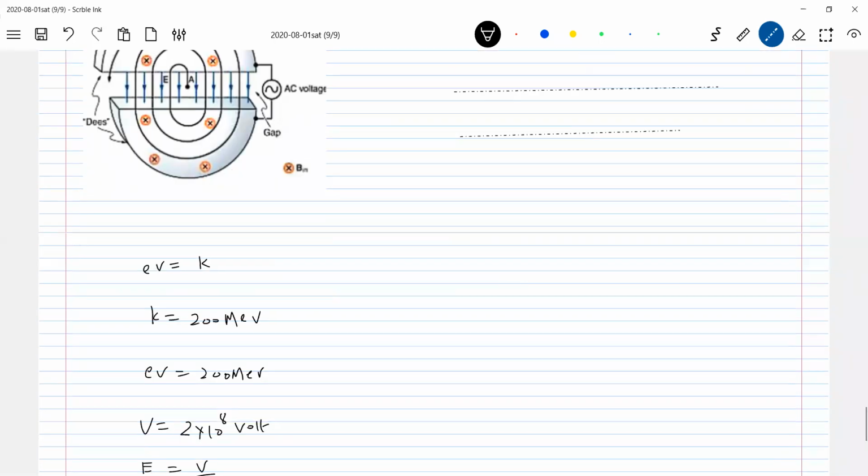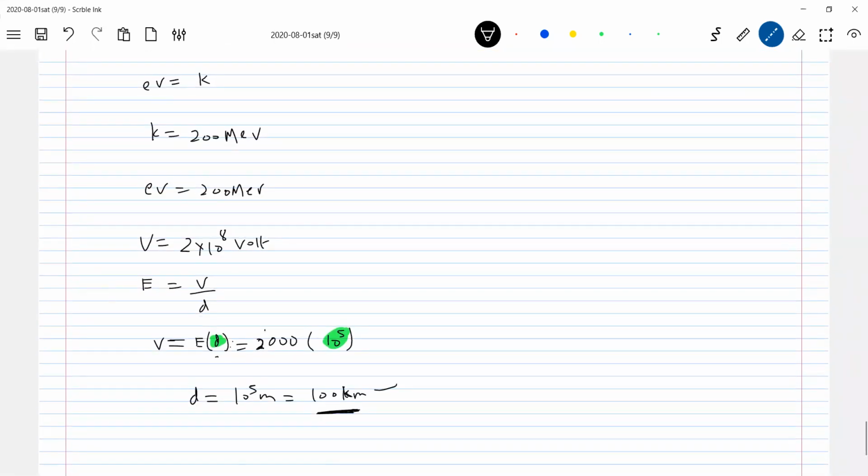Space is not sufficient, so I'll come here. There's a gap, so we'll start with the midpoint. Here the charged particle is released from rest. To this I'll apply an electric field.